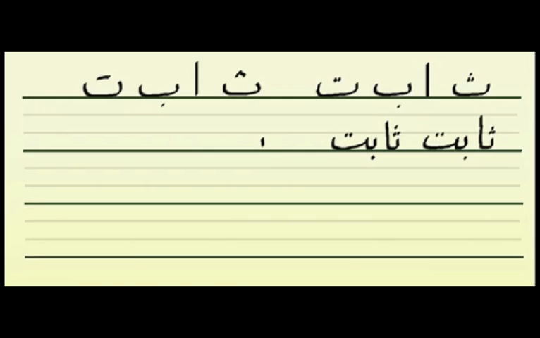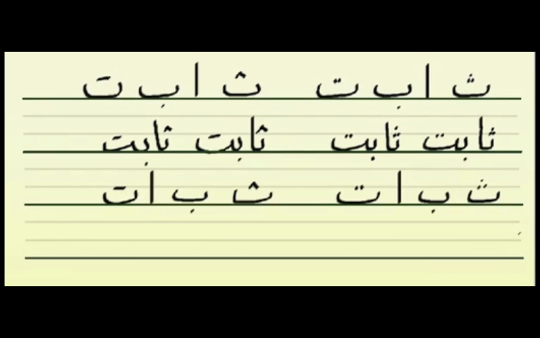Therefore, the ba in the middle of the word will have an initial shape. Thabit. And you make a distinction between different words by spacing. Note that the spacing between these two thabits is wider than the spacing between the alif and the ba.